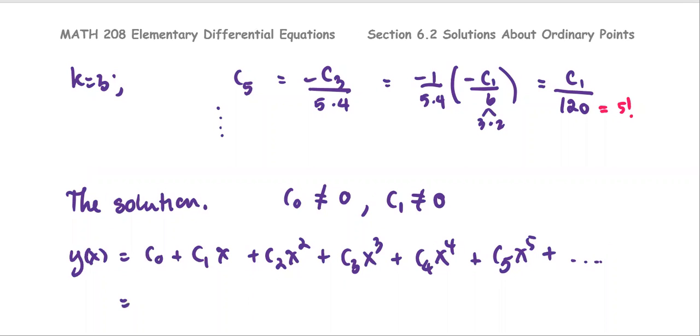Using the coefficients that we found, with C0 and C1 not 0, C2 is negative C0 over 2 times x squared.